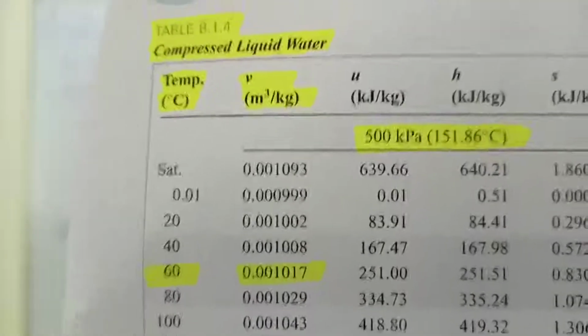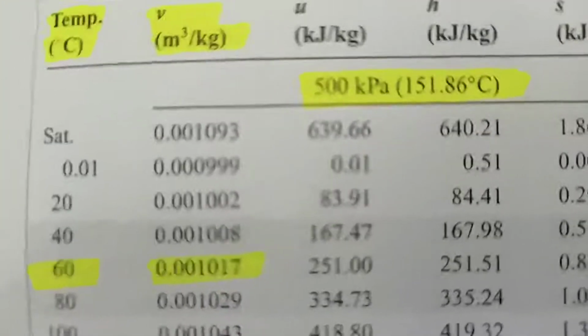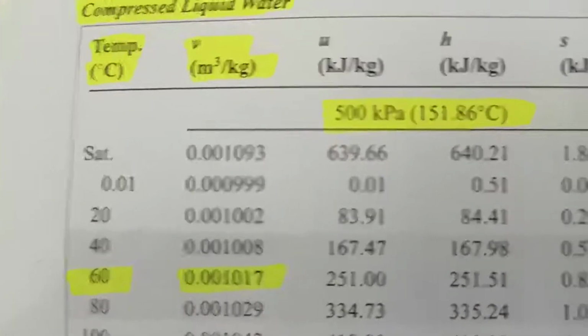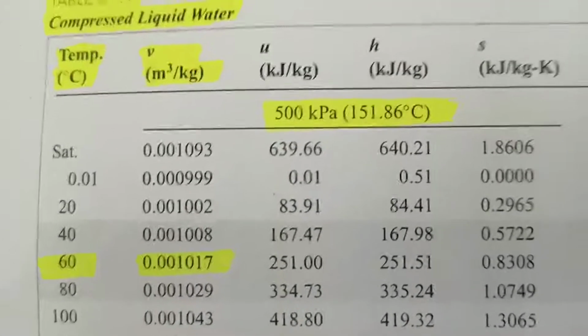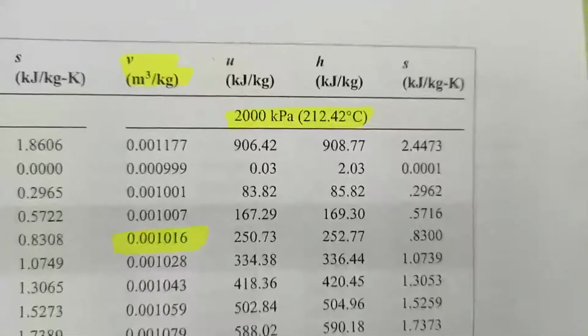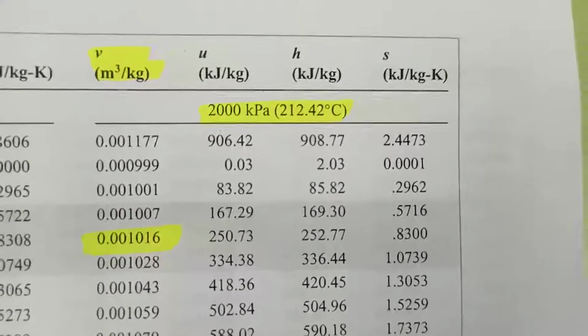So I will pick the temperature 60 degrees centigrade, where in the second column I am seeing the specific volume is 0.001017. Then on the right side on the top I am seeing it is 2000 kilopascal.